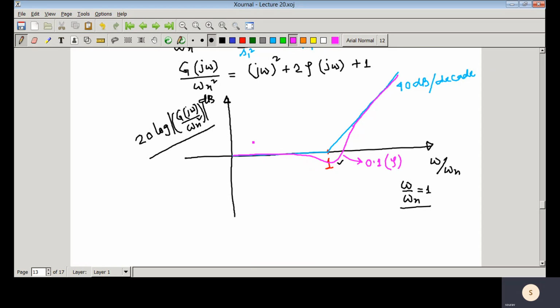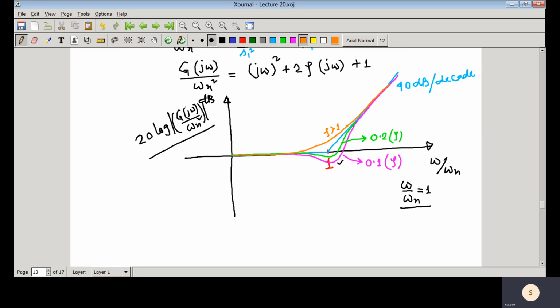Whenever we increase that zeta value, say suppose zeta is 0.2, then that would be 0.2, and if we keep on increasing that value, then we will see the plot is coming like this, and here this is zeta which is greater than 1.